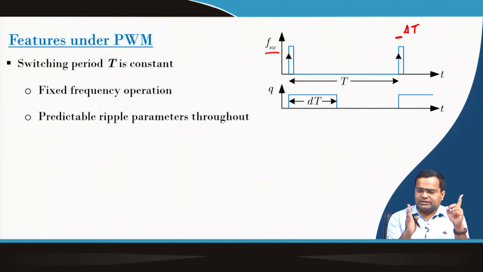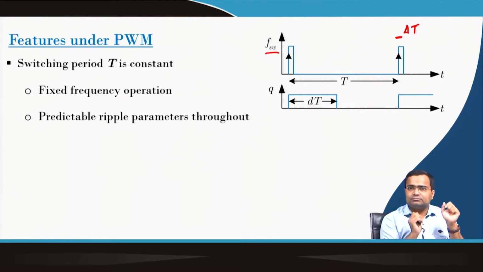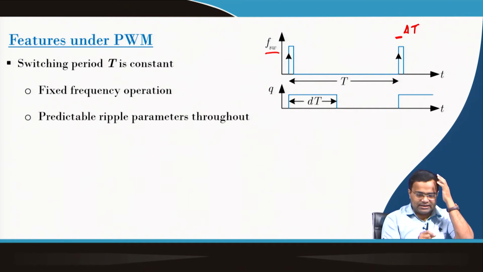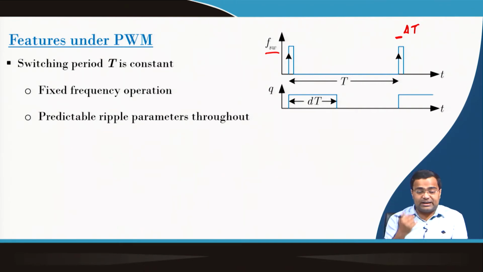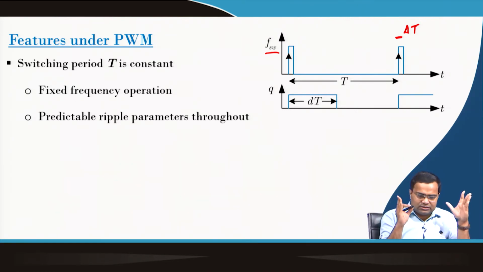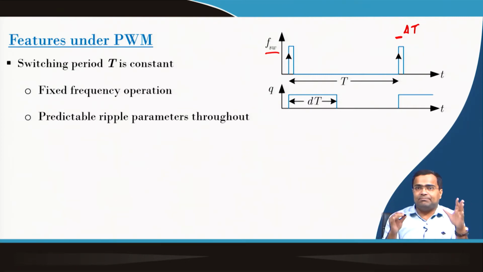So, if we do not consider the spectrum, it is a fixed frequency operation. The ripple parameters are predictable, because we have shown in the last slide the inductor current ripple, if we can ensure that under closed loop control, stable periodic behavior is achieved. If the stable periodic behavior is lost, that may lead to subharmonic oscillation, and then the spectral composition can adversely vary and sometimes become unpredictable.